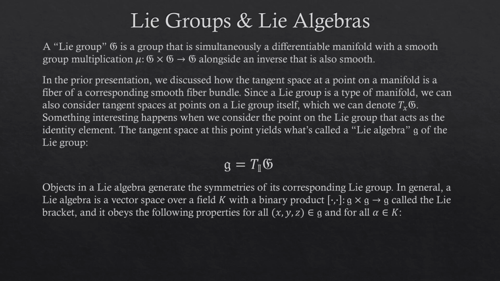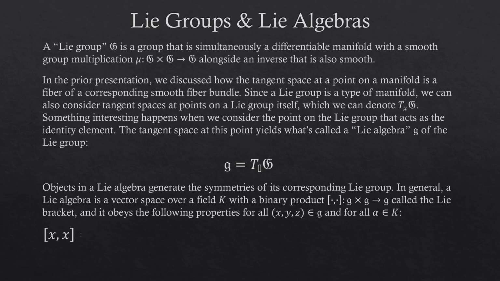And in general, a Lie algebra is a vector space over a commutative ring called a field K. For example, real numbers and complex numbers are examples of a field. And endowed upon those is a binary product called a Lie bracket that takes us from g cross g back to the Lie algebra. And it obeys the following properties for all elements inside the Lie algebra x, y, and z, and for all scalars alpha that are elements of that field.